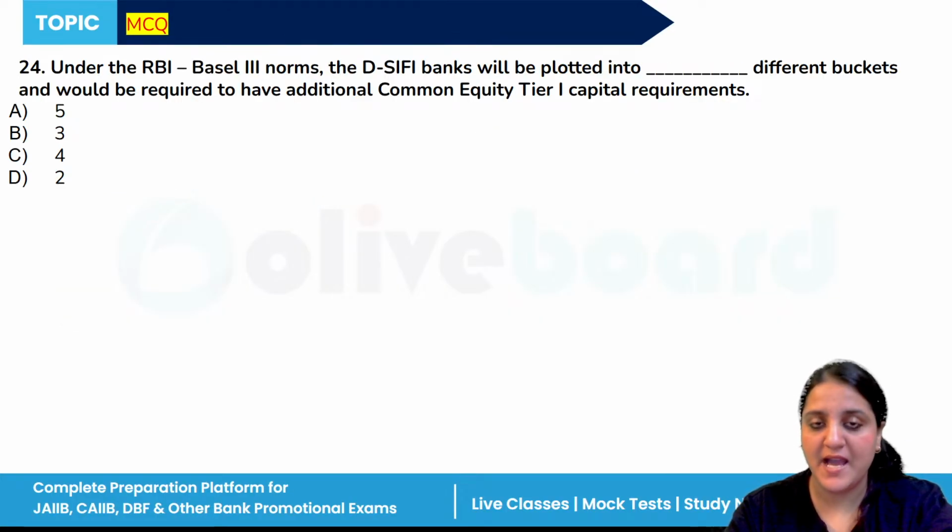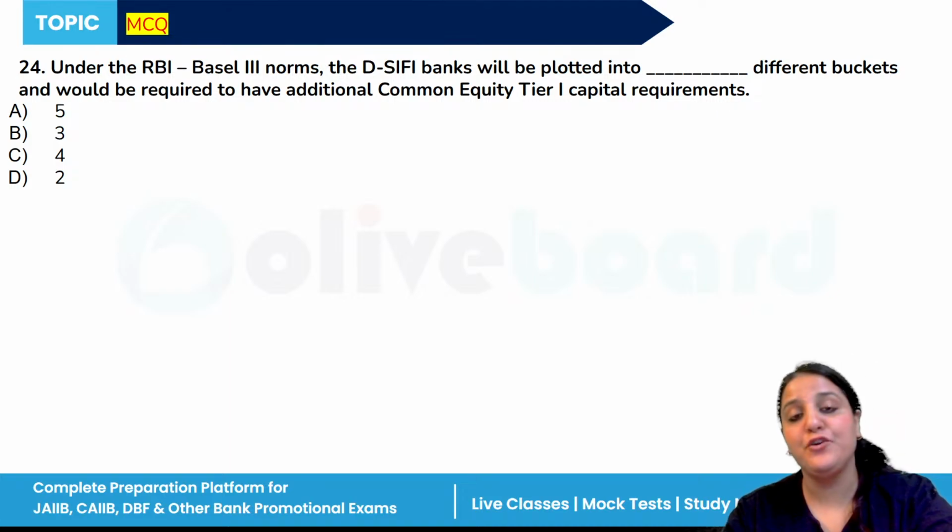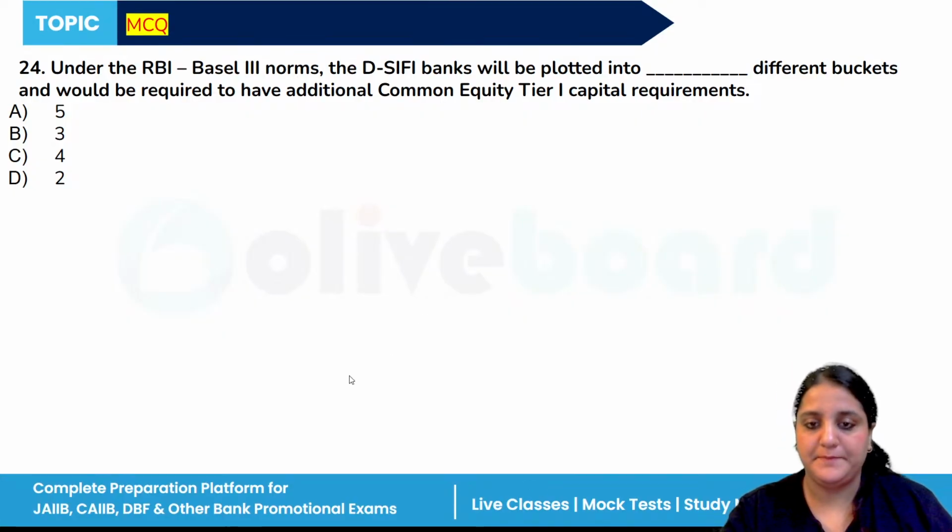Under the RBI Basel III norms, the domestic systemically important banks will be plotted into different buckets and would be required to hold additional common equity tier 1 capital. See, what are these domestic systemically important banks?